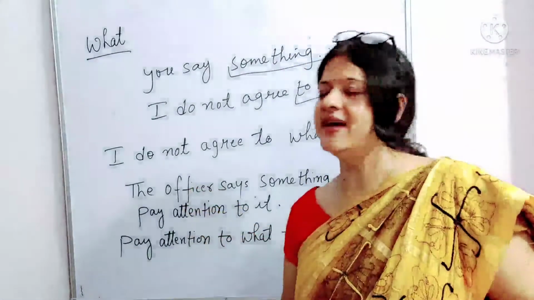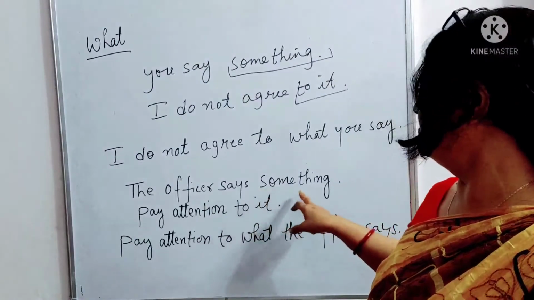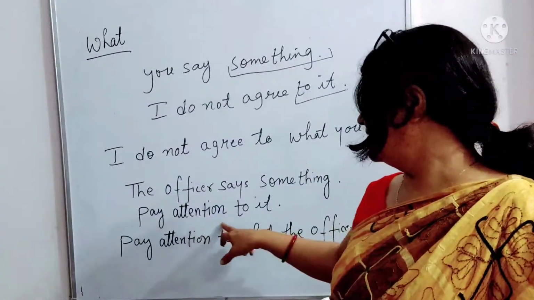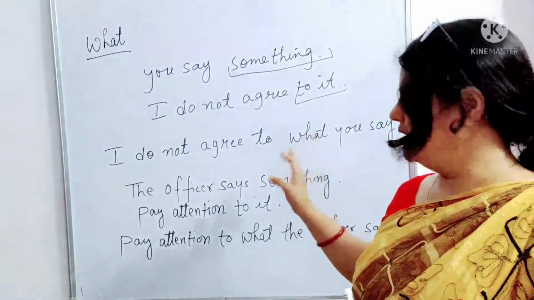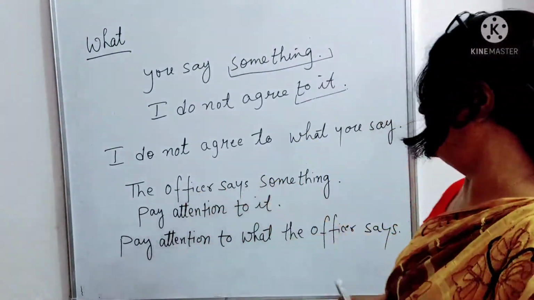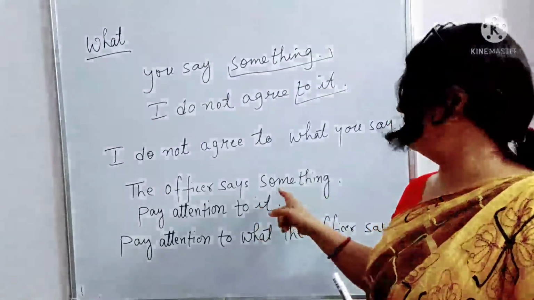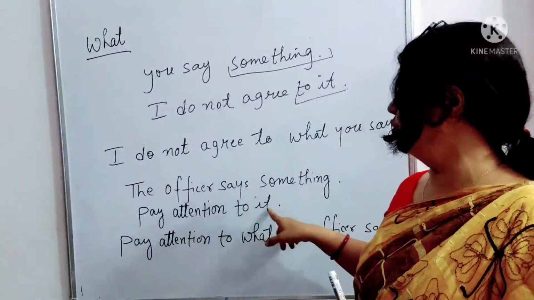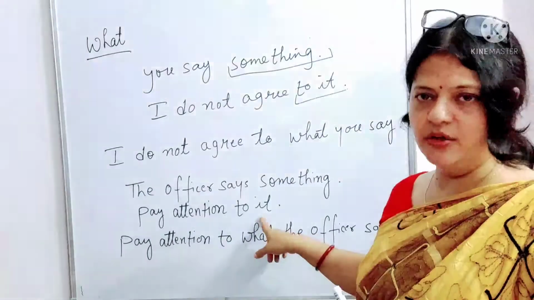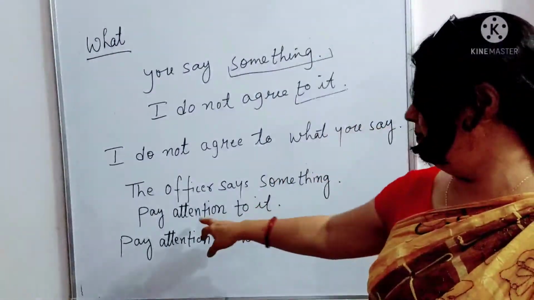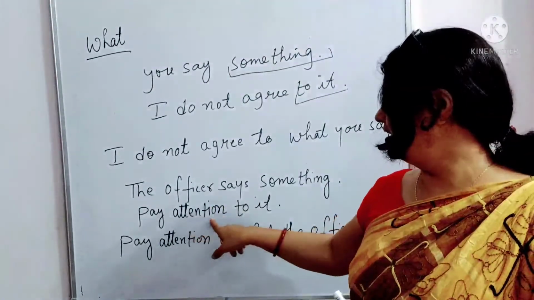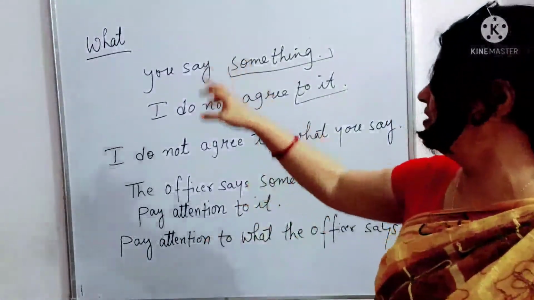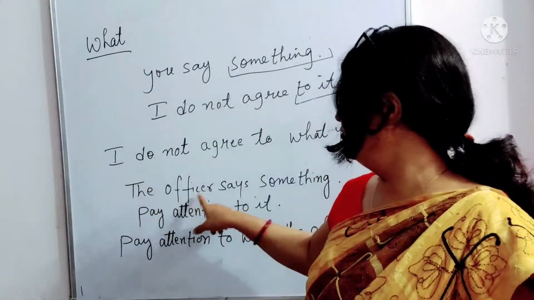Now let's see another example. The officer says something. Pay attention to it. Now in the first sentence we have something. We will remove this something. And in the second sentence, pay attention to it, we will remove this it, not the preposition to. So it will become our principal clause: pay attention to, then we'll write what the officer says.